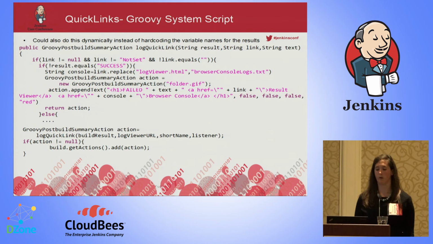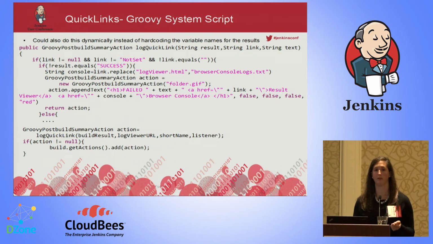This was the biggest change that I recently made to all of our pipeline jobs: to change them to call a system Groovy script at the end of the build. Every single one of them calls the same Groovy script, and it will create these fun quick links and log them on that build page. The way you do this is you do have to have the Groovy Postbuild plugin installed, but you can actually use the Jenkins API of it to add that build action.